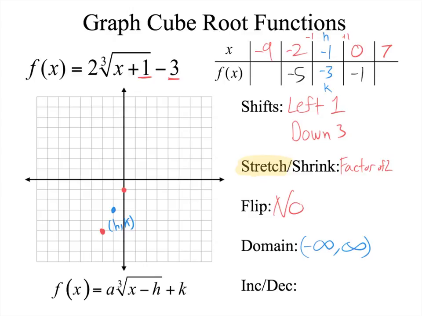Again, normally you won't have to make this table, and I'll show you that at the end. If you plug in 7 over here, yeah, you could. Could you also plug in negative 9? Yeah, you could. But what I hope you understand is all you're doing is adding 2 once again. So now it's going to be negative 1 plus 2 is 1. And on the other side, you're going to subtract 2 once again.